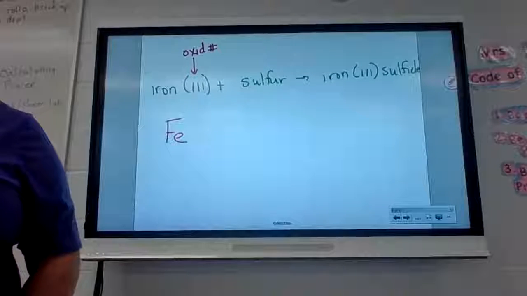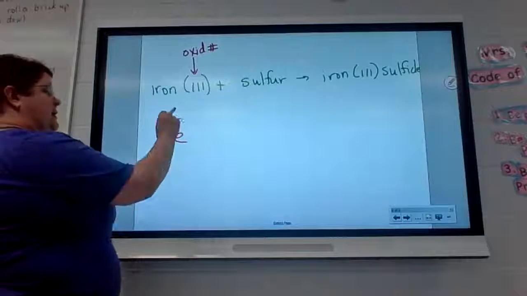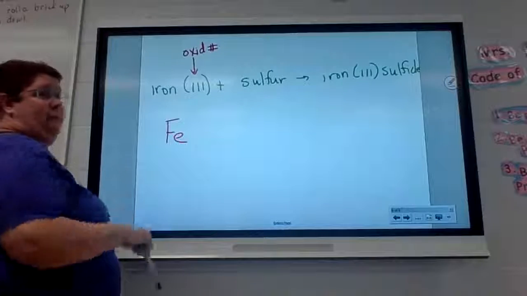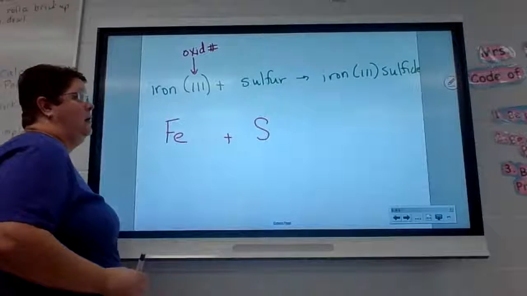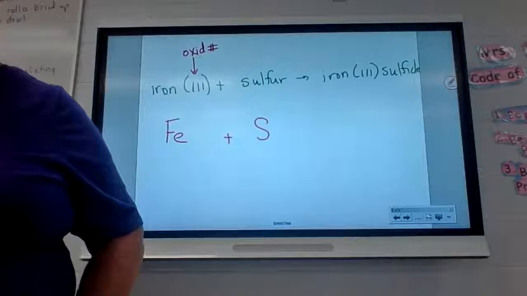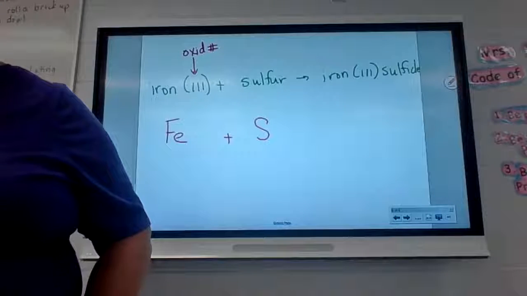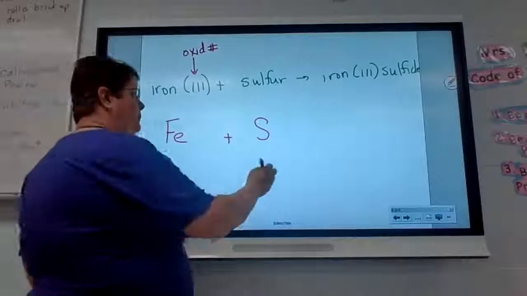It'll be important later in the week. We don't need it today, so we don't put it anywhere. It does not go top. It does not go bottom. It's just Fe plus sulfur. It's an element. Is it on our list of 7? No. Does it get a subscript? No, it does not.